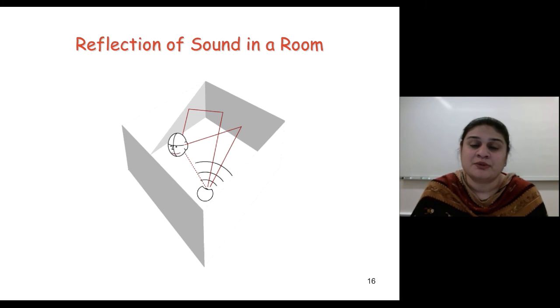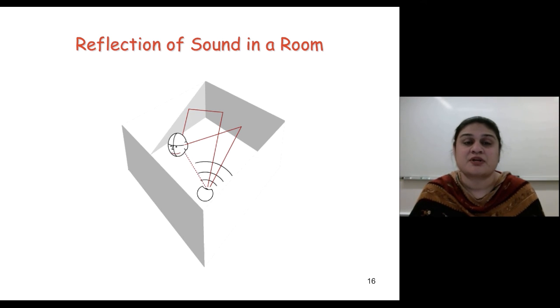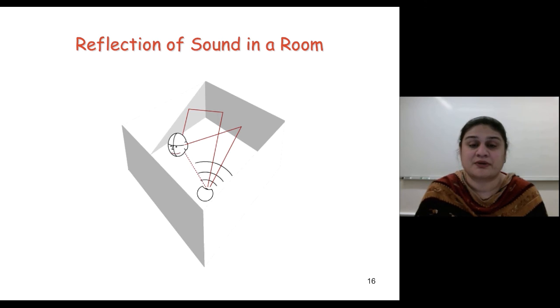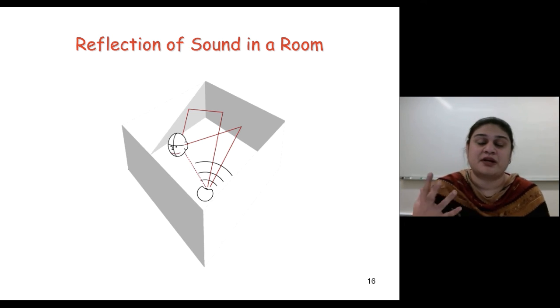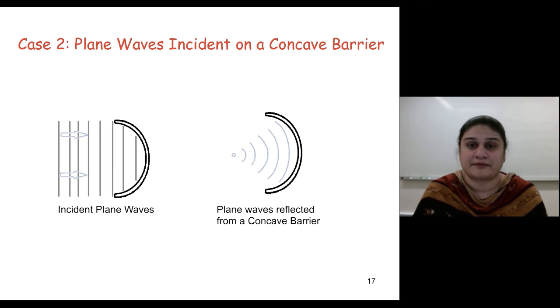Reflection in a room can actually hinder sound production in different rooms. In order for us to decrease the amount of reflection in the sound, we always put up sound dampeners around the room that absorb the sound and don't let it reflect back.